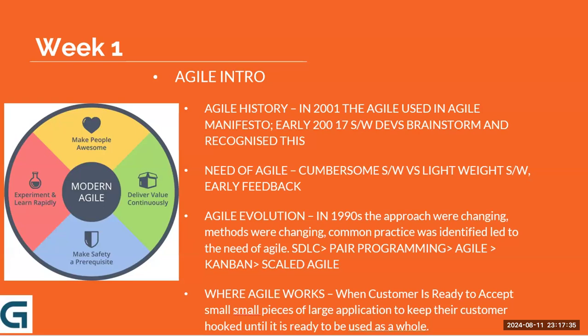Yeah, so that's my first and favorite one. Make people awesome means when you get something that you wanted in a very nice form, and in a quick manner, quite early. Like you ordered something on Amazon, and it is expected to be delivered after 4 days, but surprisingly it gets delivered tomorrow.